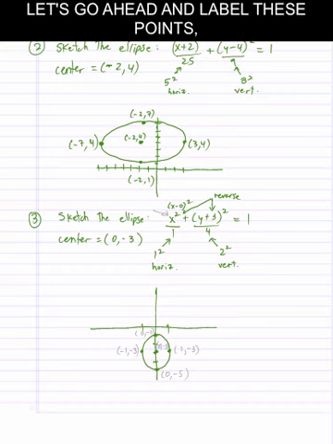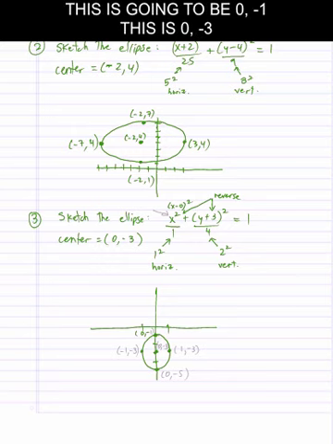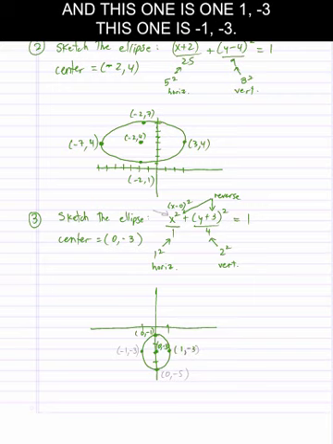Let's go ahead and label these points. This is going to be 0, negative 1. This is 0, negative 3. And this one is 1, negative 3. And this one is negative 1, negative 3.